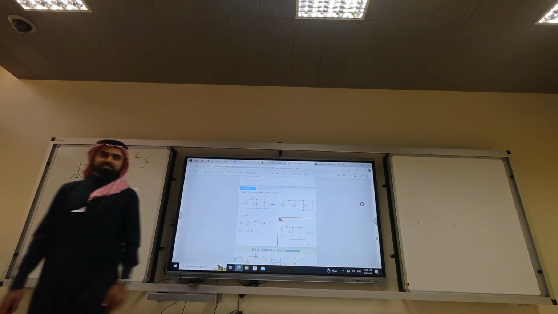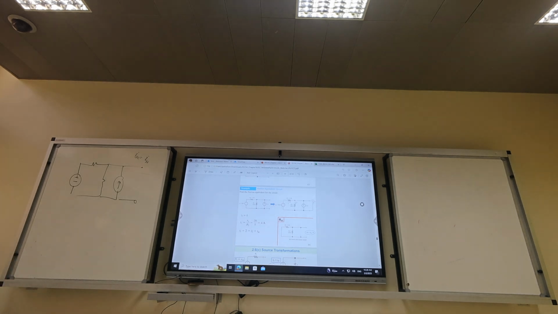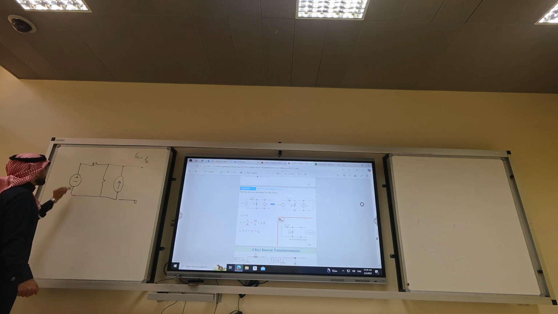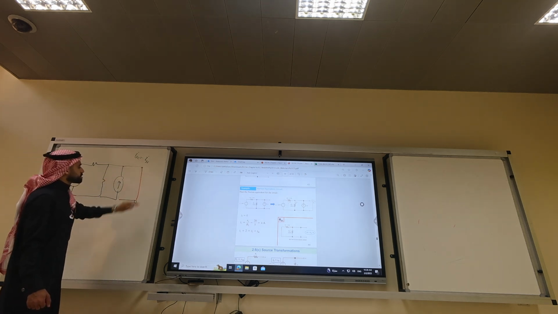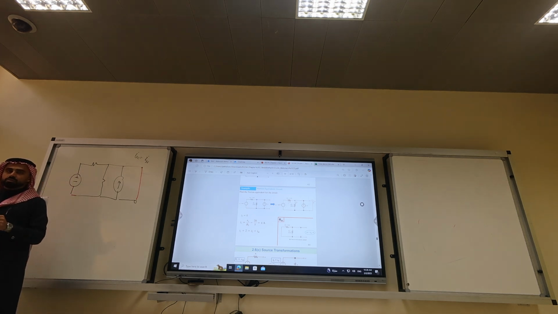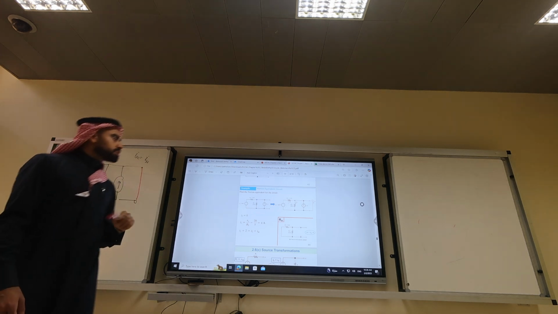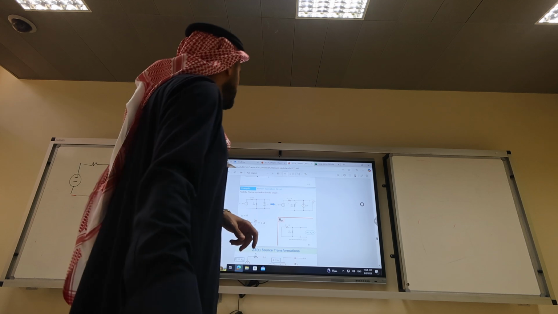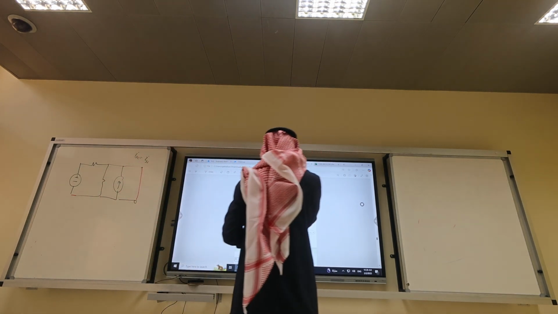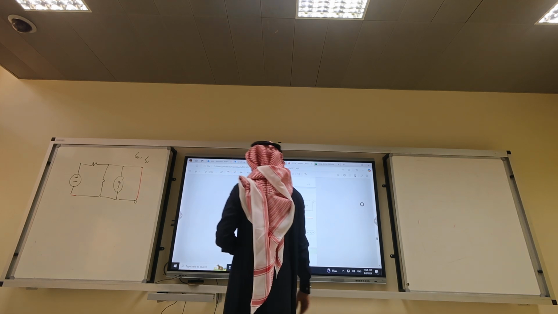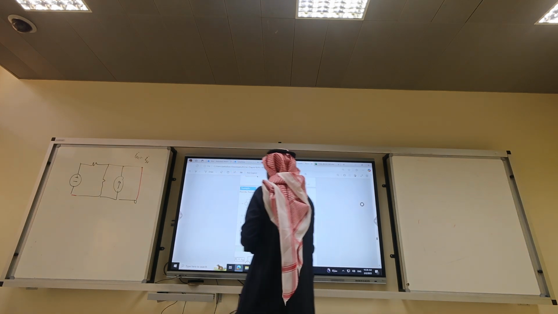Let's do this. Thank you for pointing out. Okay, we are professional. So let's connect the short circuit. We did the short circuit now. I want smart students to tell me what will happen. What will happen?